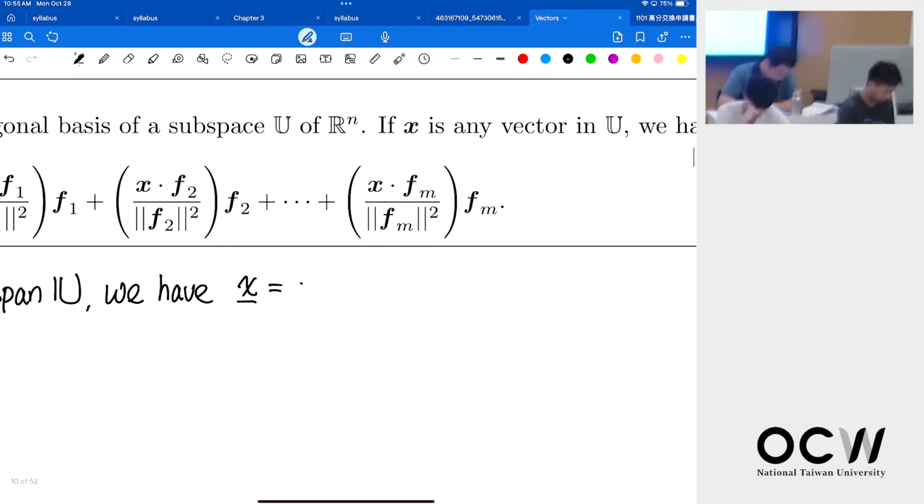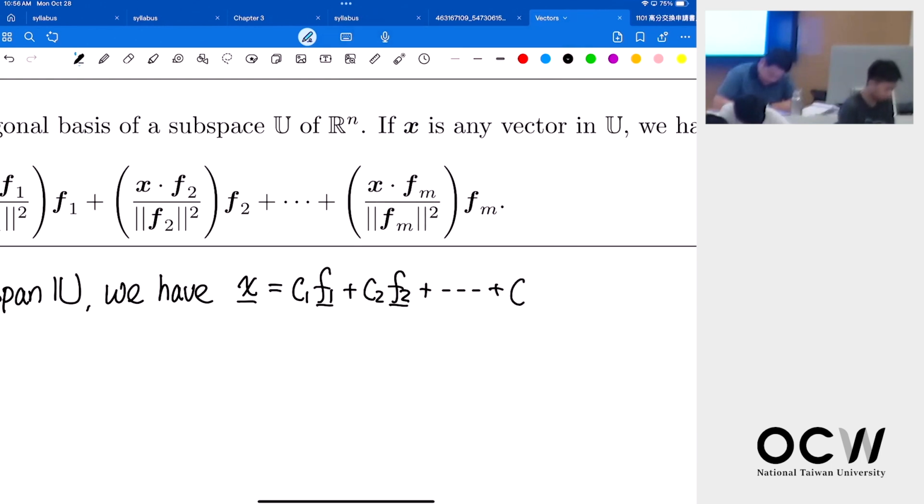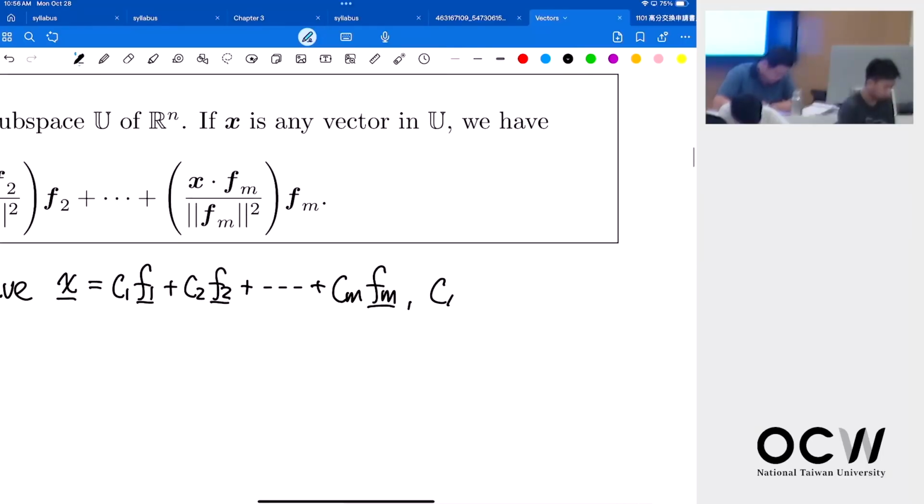So it could be C1 F1 plus C2 F2 to Cm Fm. And for this Ci, those are scalars.